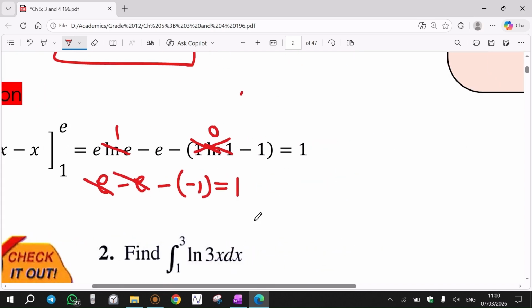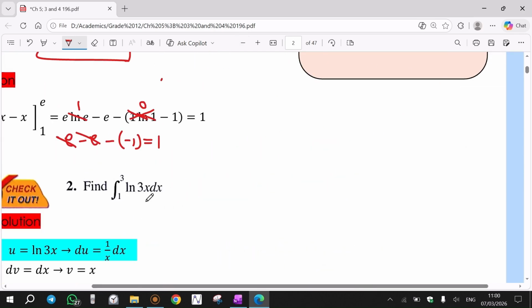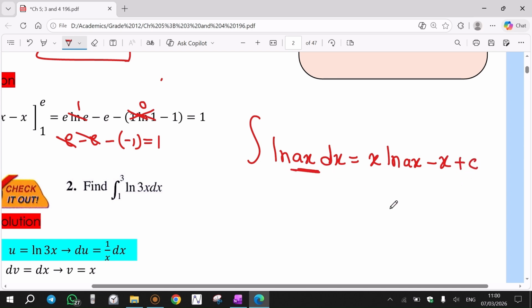And the rule I just mentioned works even if there is a number inside the ln. Write this as a note. Integral ln ax dx is going to be x ln ax minus x plus c. So if we have a number multiplied by x inside ln, then it's going to be like this.